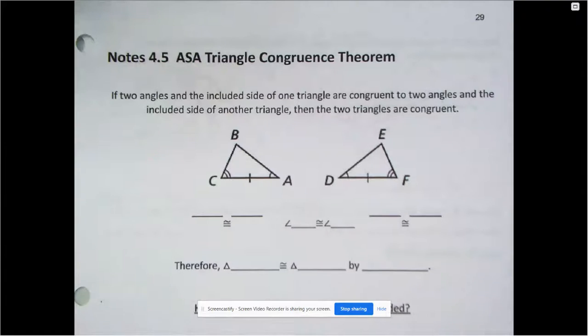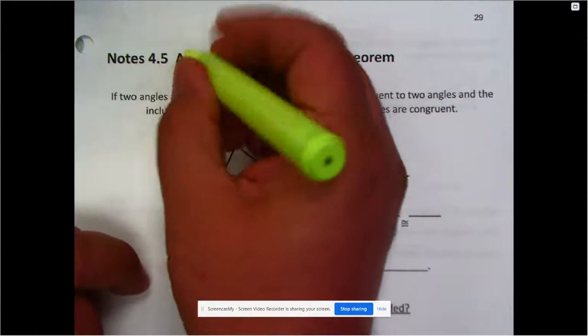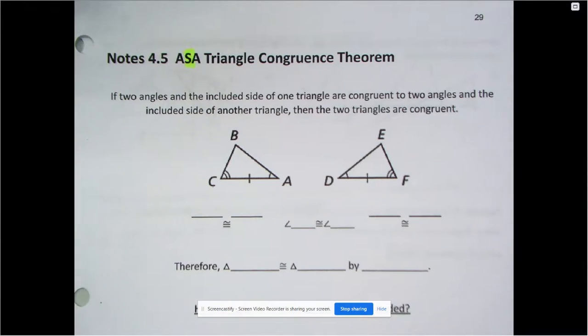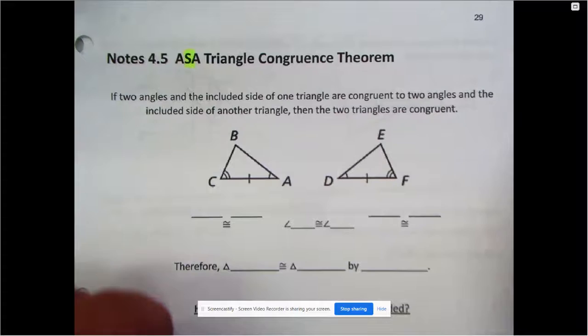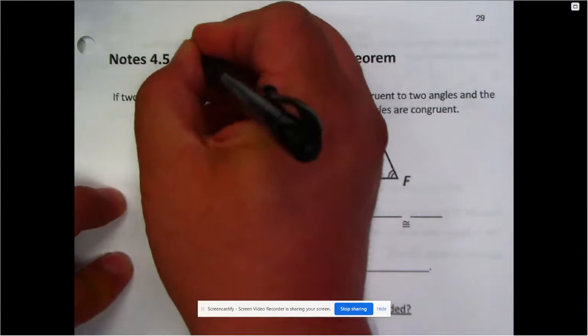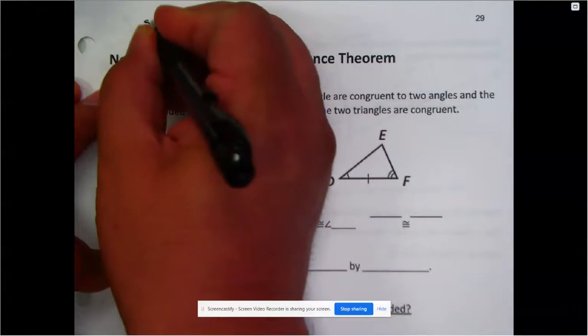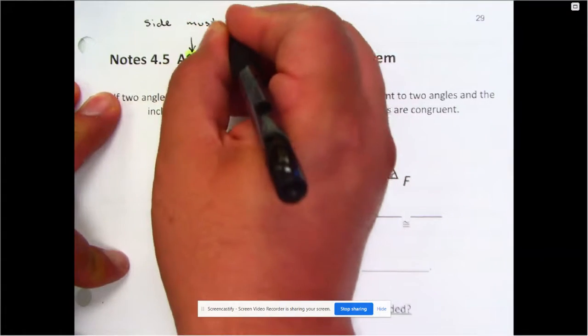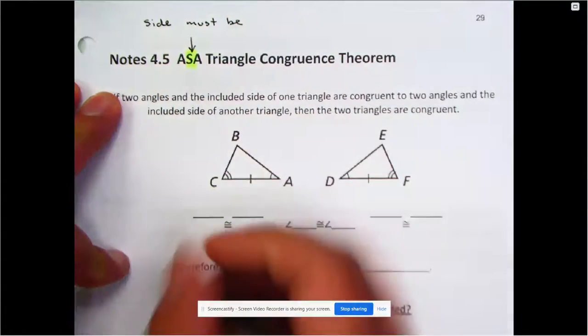Now, this is very similar to what we did before. Notice the name, ASA. Notice the location of the S. That is very important to us because it's reminding us that the side they mention must be in the middle.